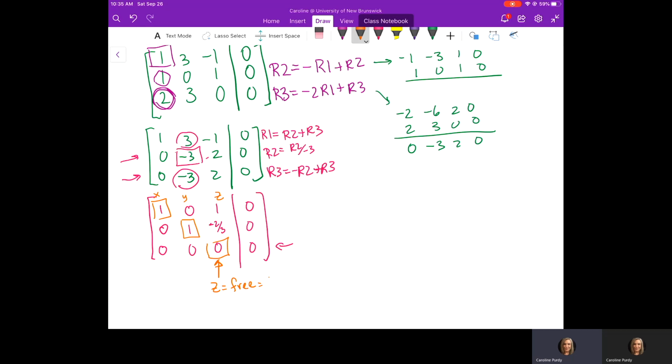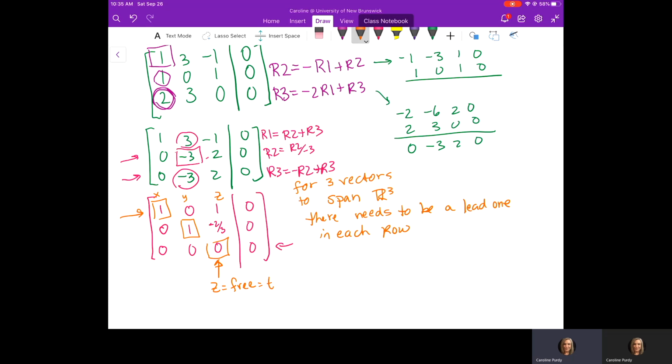And so we would say that's free for T. So for 3 vectors to span R3, there needs to be a lead 1 in each row.